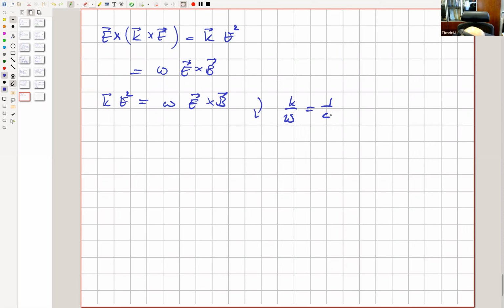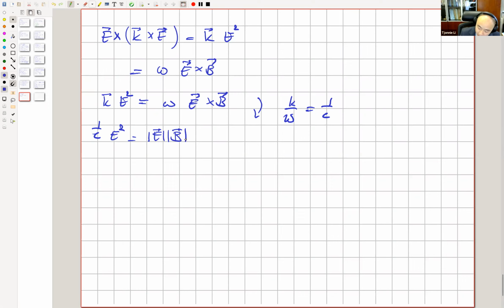In this case, I have something that looks like squared 1 over c equals cross. Just the same direction as e. Okay, because here I'm just taking the magnitude.